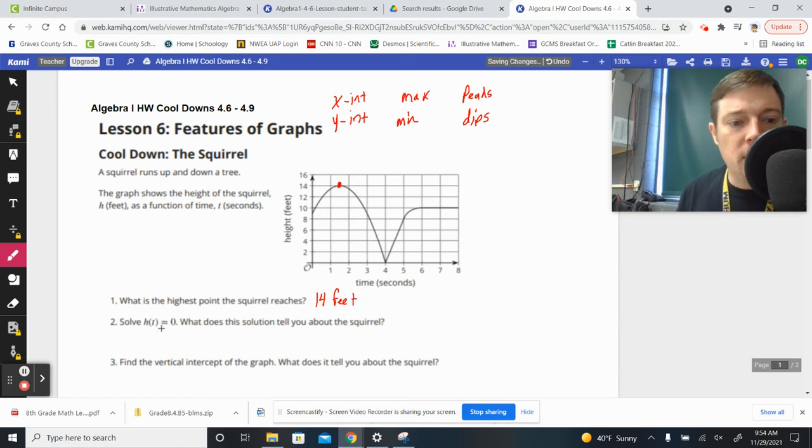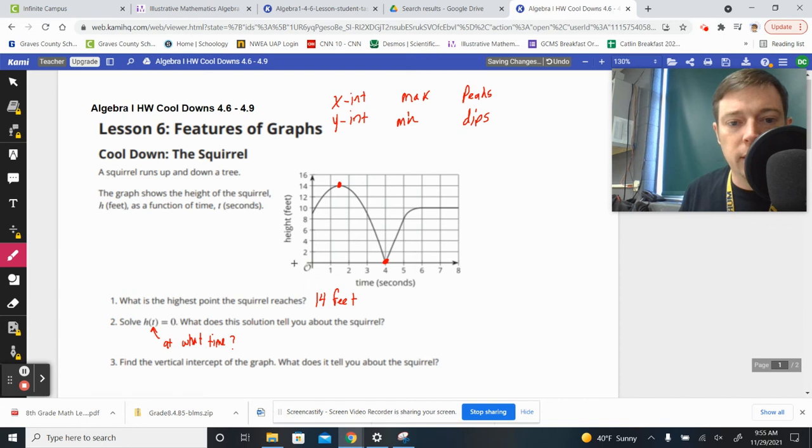And if we have to solve h of t equals 0, we are essentially finding at what time the squirrel was equal to 0 feet, or on the ground, right? So we know that the squirrel was on the ground right here.